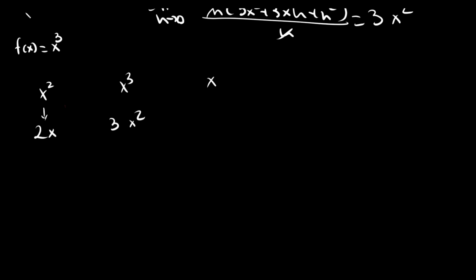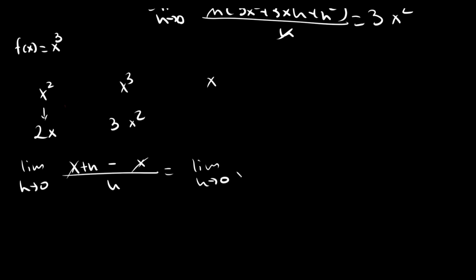So let's do this. Let's take our limit as h approaches 0, which is x plus h minus x divided by h. My x and my x are gonna cancel out. I got the limit as h approaches 0 of h over h.